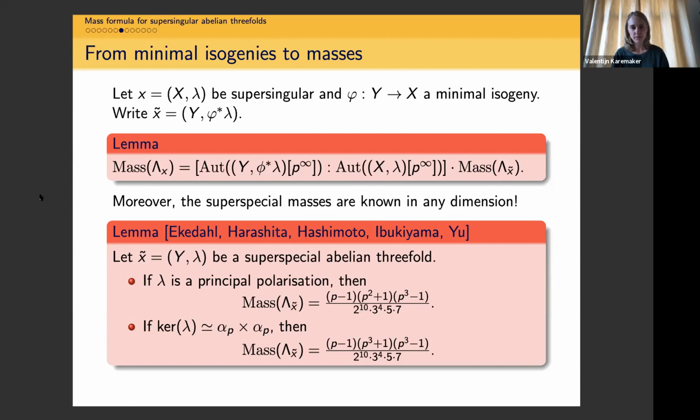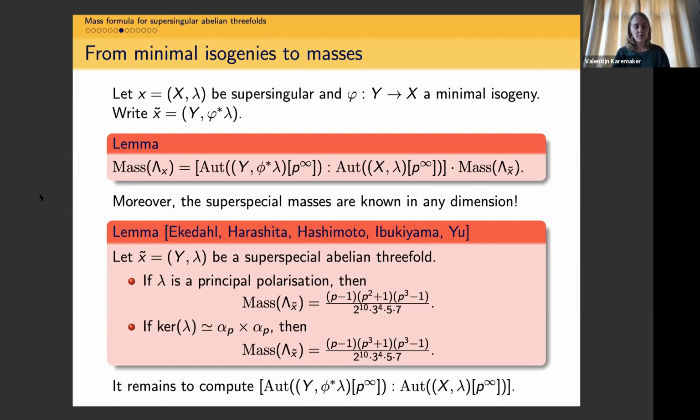Okay, so everything I've said before kind of gives us a strategy of finding mass formulae for all supersingular varieties, because what we do is we start with one, we find its minimal isogeny using these PFTQs, we know the superspecial mass, and then we only need to find this comparison factor, the index of the automorphism groups.